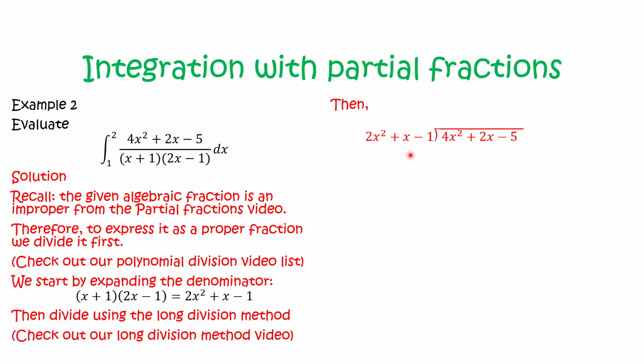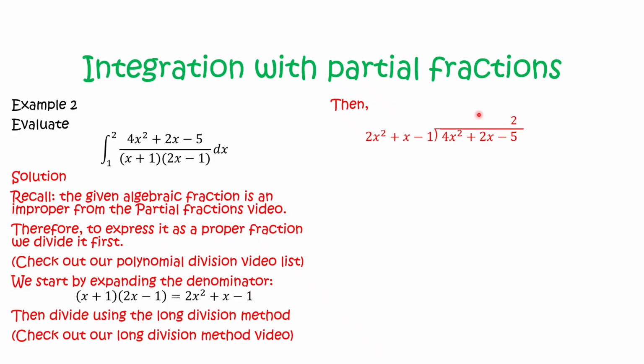Then in this case, we have the divisor and the dividend. So we consider the leading term in the divisor. That's the one that will be divided into each and every term in the dividend where possible. And in this case, it's only possible once. So we are saying that 4x squared divided by 2x squared will give us a 2.